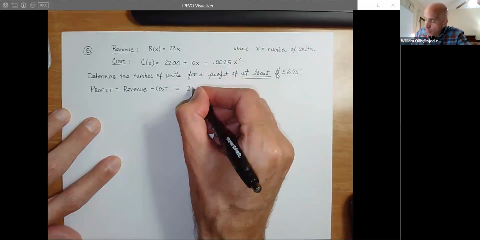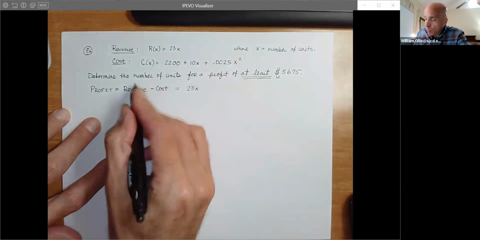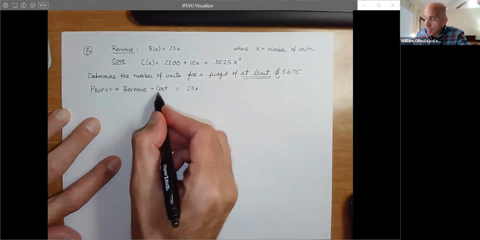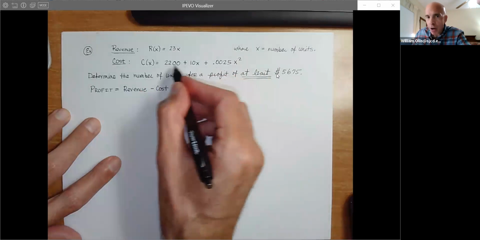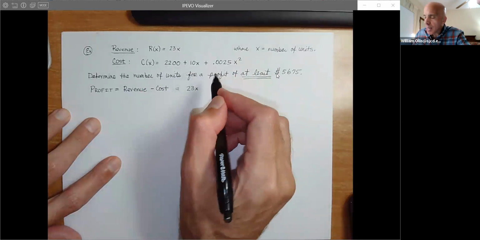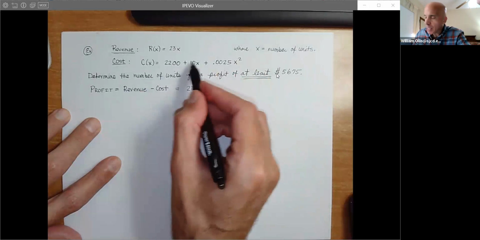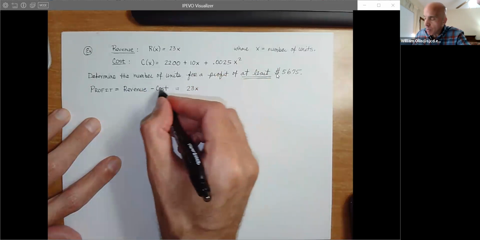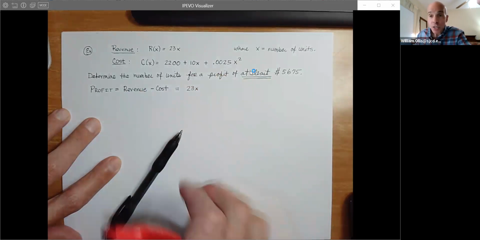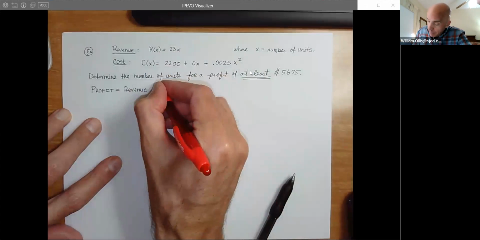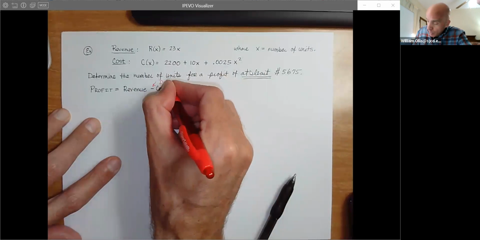So we have the 23x, and now we're subtracting costs, so we must distribute the negative throughout all of these terms. One common mistake in algebra is that a student will negate the first term and leave the others out. But again, we must write in your notes, distribute the negative. Distribute.